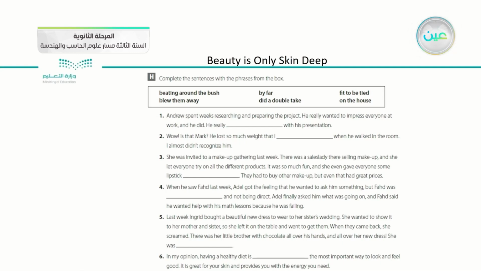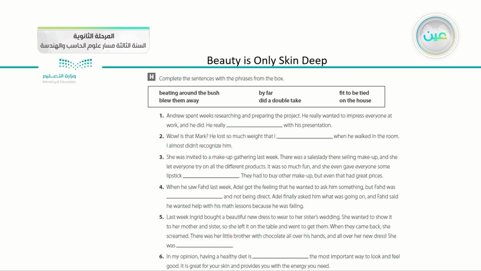We will now read the sentences together, read the words in the box, and we will try to work together to put these words or these expressions in the suitable blanks. We have 6 expressions: beating around the bush, blow them away, by far, did a double take, fit to be tied, and the last one, on the house. You all now know the meaning of each one of these expressions and how to use them.